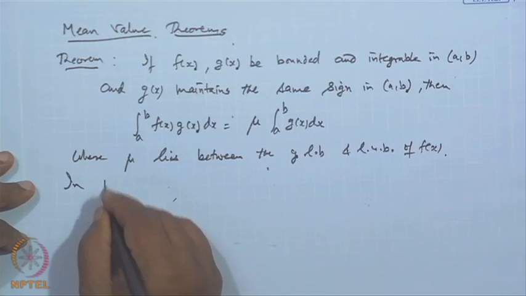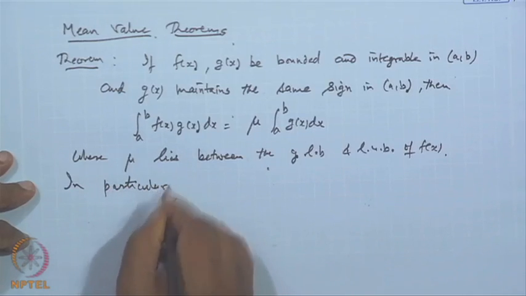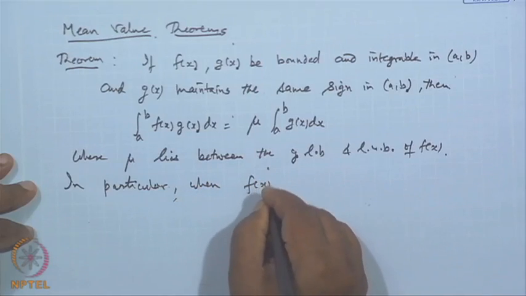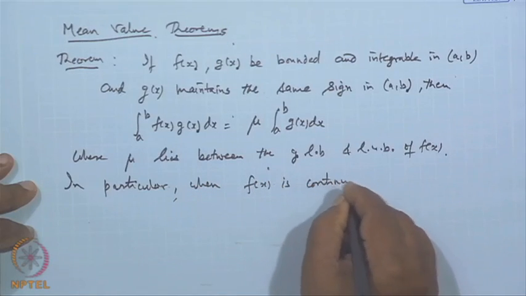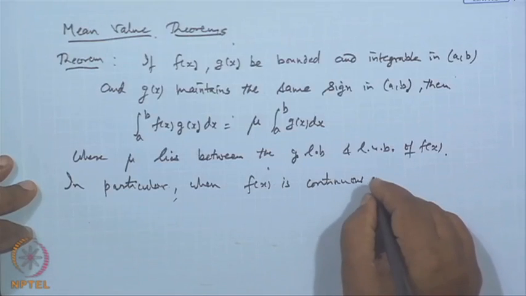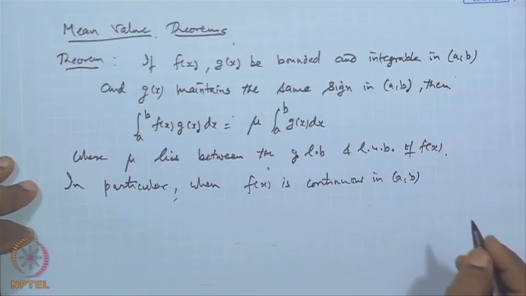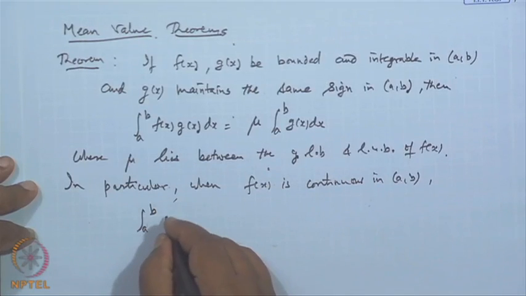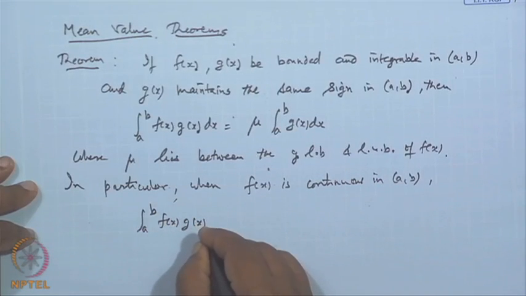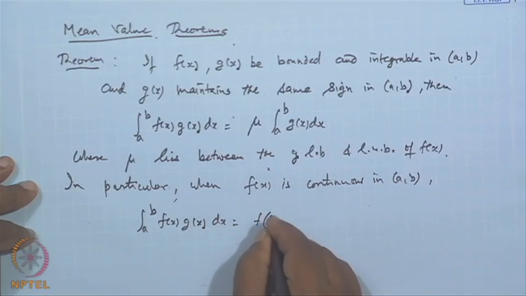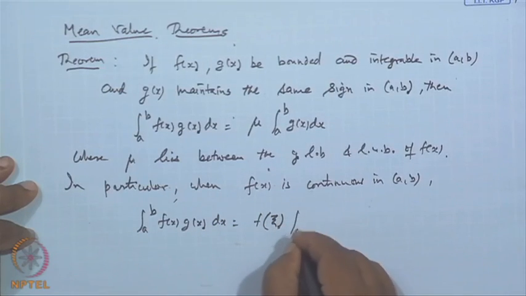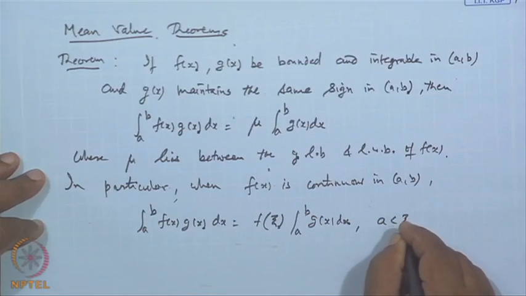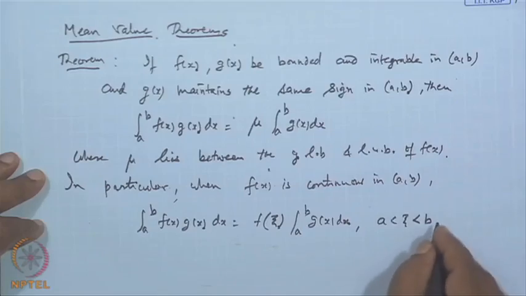In particular, when f x is continuous in the interval a b, then integral a to b f x g x dx equals f of xi times integral a to b g x dx, for some xi lying between a and b. Okay.